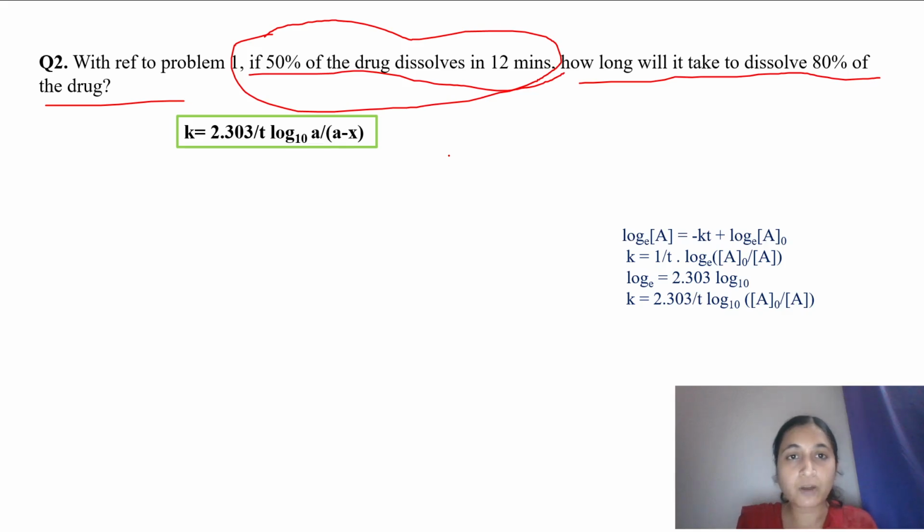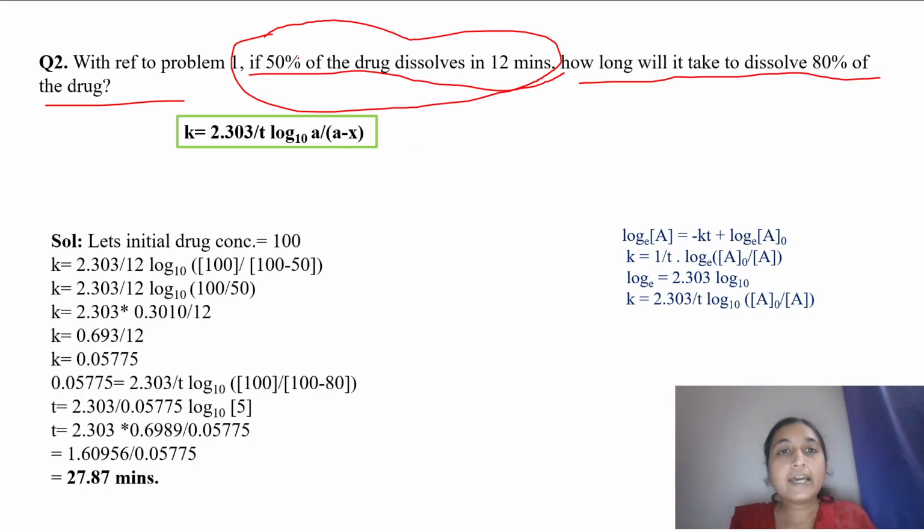So let's solve this problem. Here it's given that 50% of the drug dissolved in 12 minutes. So first we will calculate the rate constant k. So k equals 2.303 upon 12 log 10 of 100 upon 100 minus 50. Let's consider the initial drug concentration to be 100.